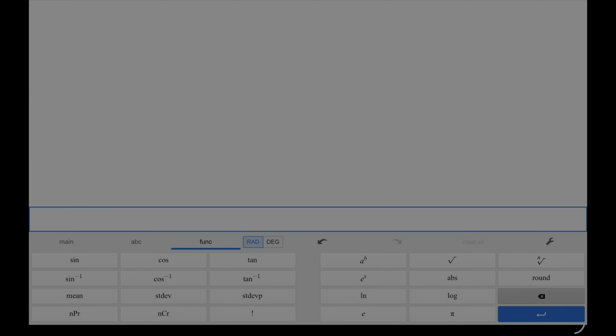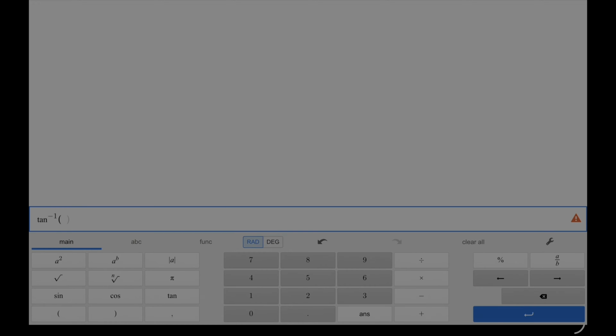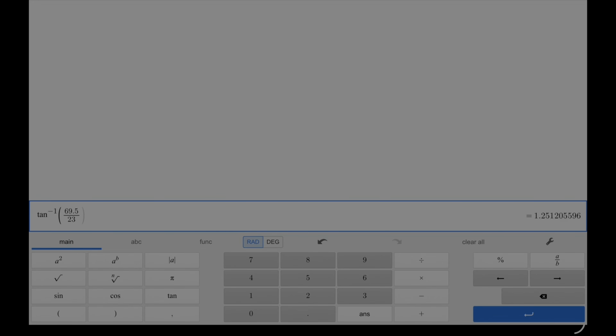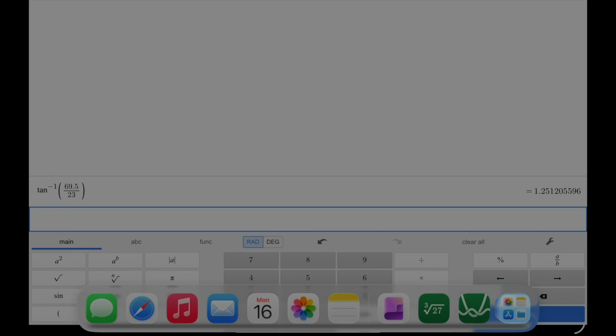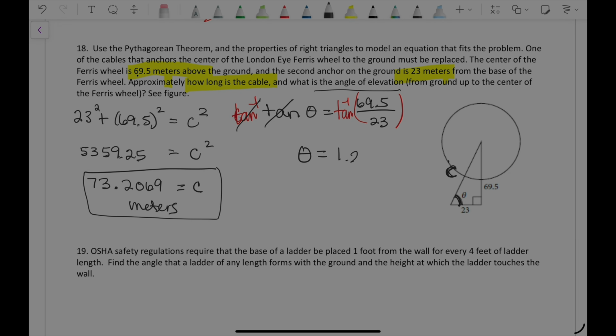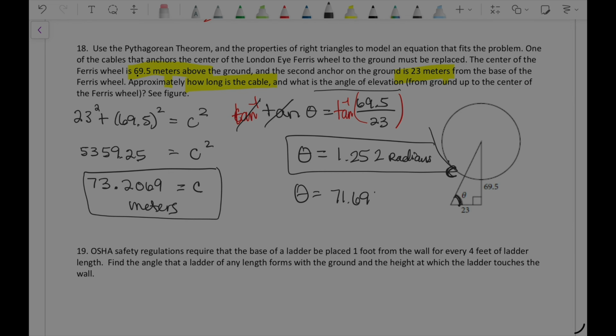Actually, let's clear everything. Inverse tangent. We had 69.5 over 23. 1.252 radians. And if you had done this in degree mode, it would be 71.69 degrees.